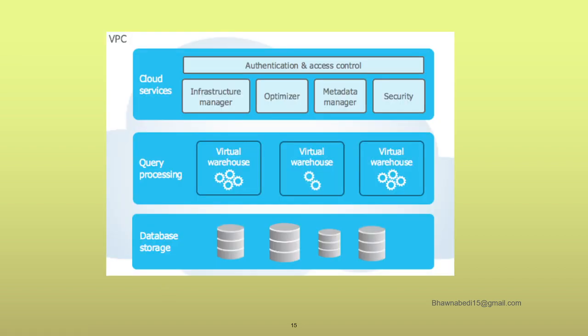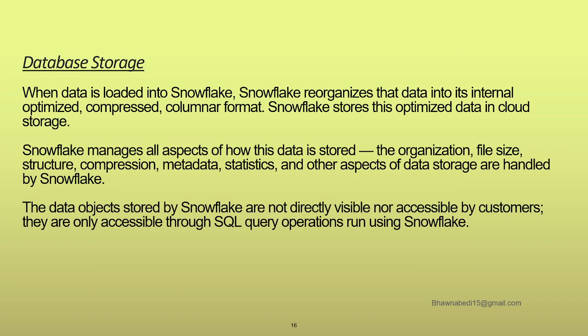This again represents the same thing. I'm showing you diagrammatically so that it is even more convenient to understand. Now we will discuss in detail the database storage, and how the data is stored in Snowflake.